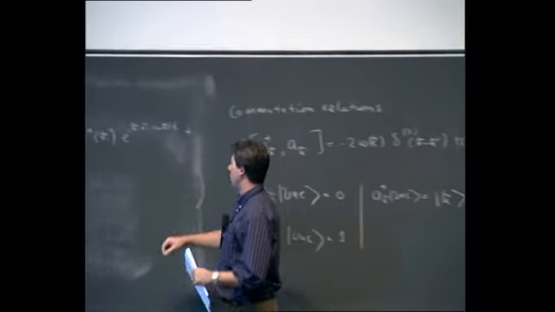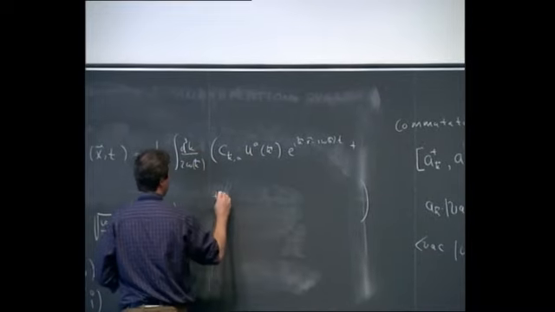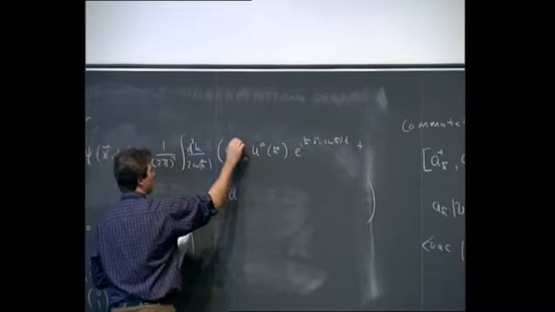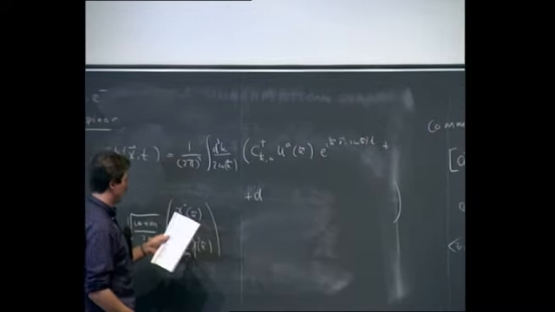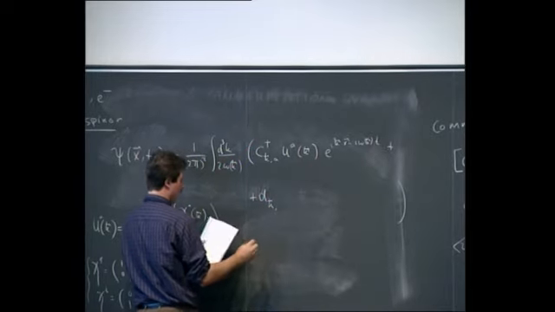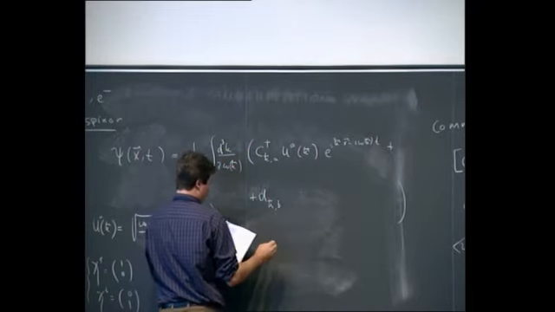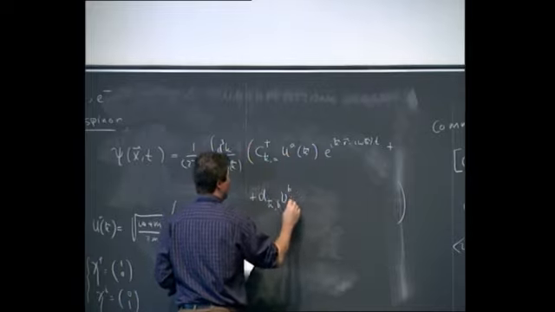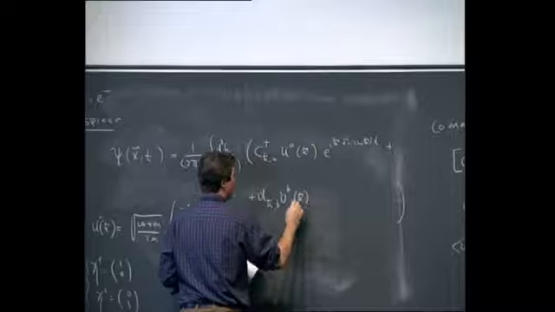And here we have a similar contribution, which is a set of, so these are actually creation operators, which are called C dagger. And then I have a set of annihilation operators, called D, with a set of other spinor components, V_k.